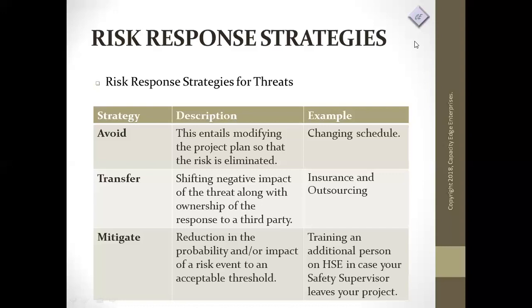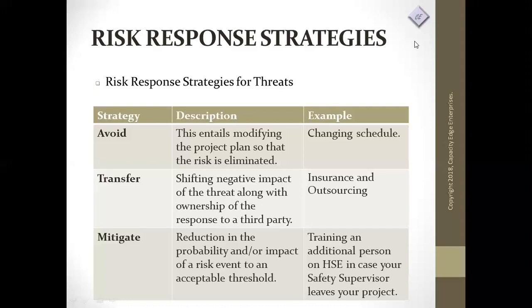So what we can do to mitigate that risk is we can have a safety officer for each building, so that we have 5 safety officers, one for each building. That, number one, prevents each safety officer from being easily fatigued because they are concentrating on only one building each.